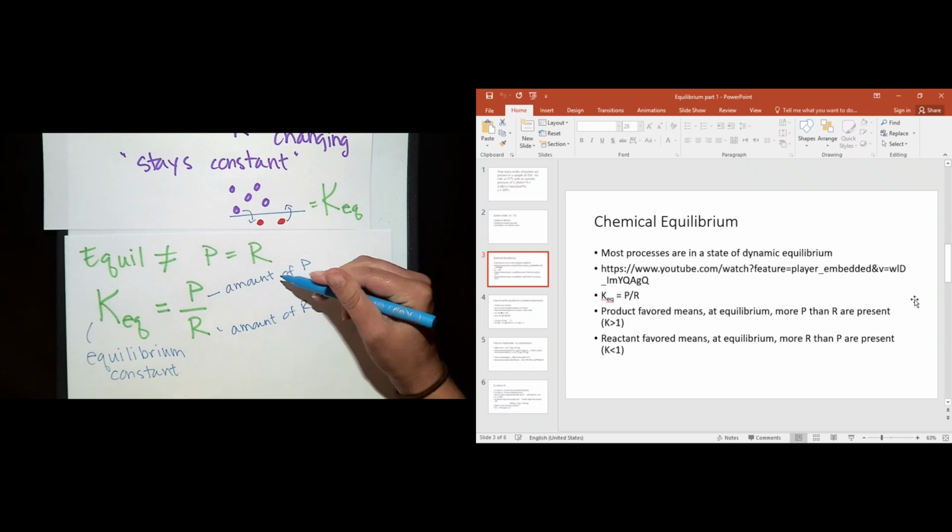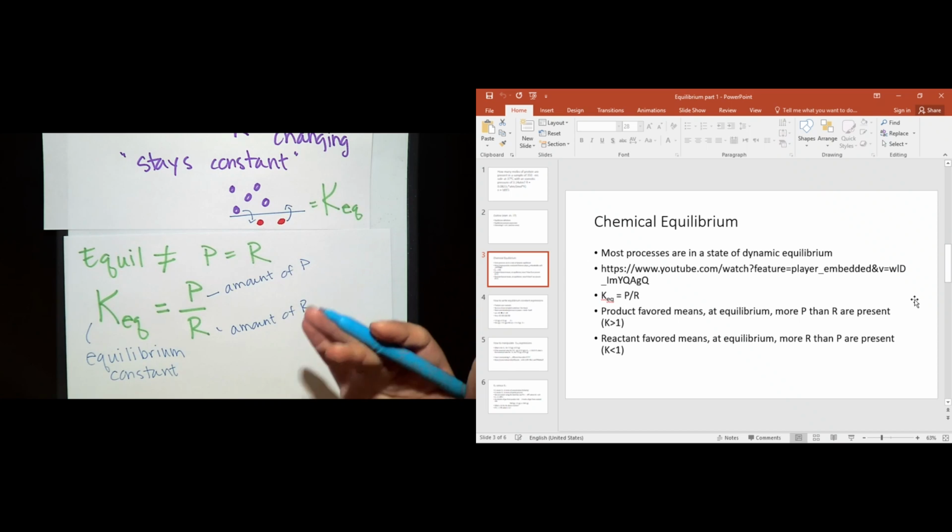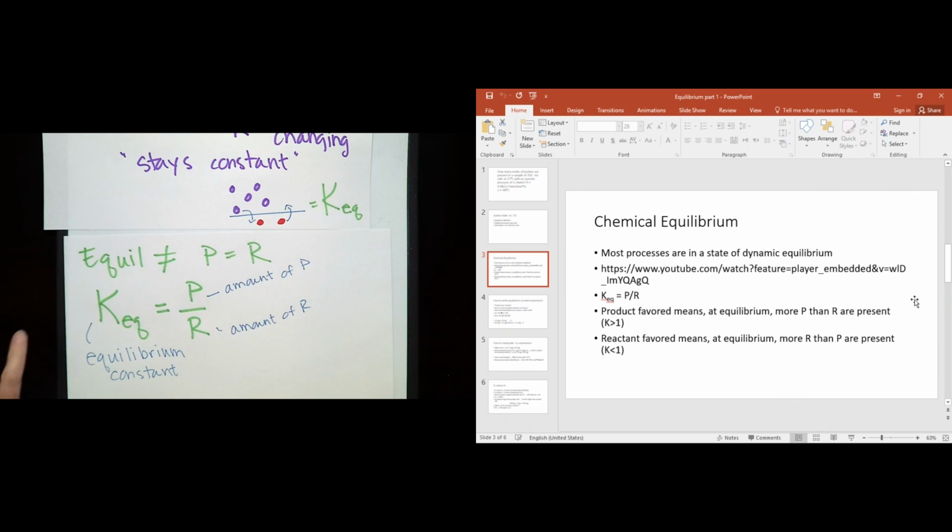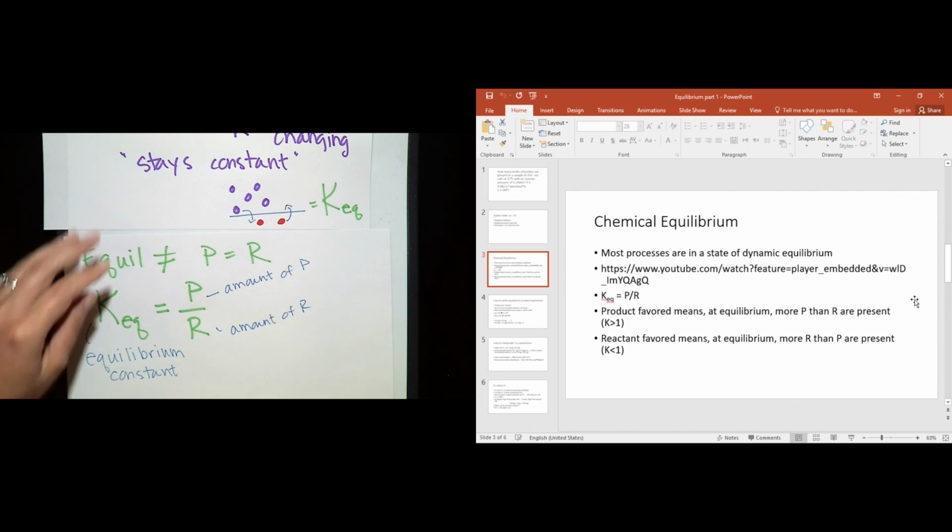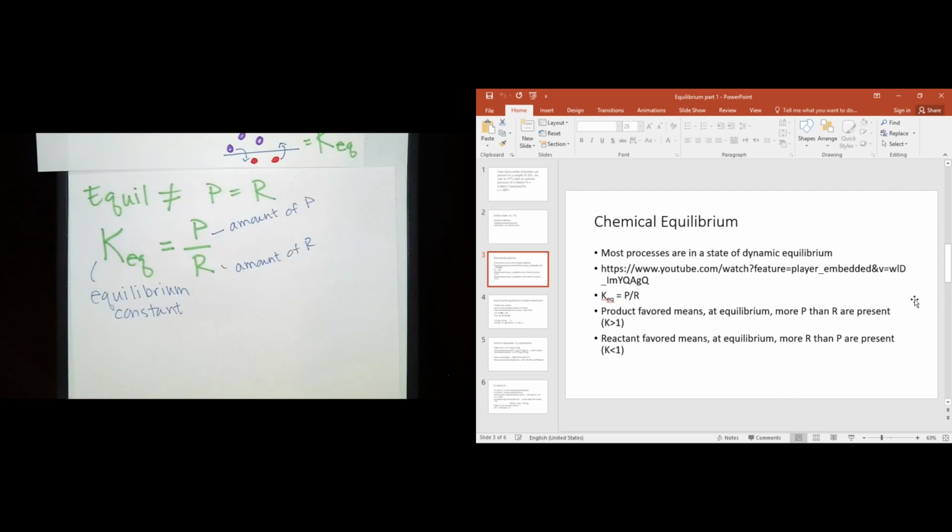Now technically we're either only using molarity of these components or partial pressure if we're in a gas phase. We could use molarity for a gas reaction, but those are our only two options. I'll talk about that in a minute. Okay, this relationship right here is very important because it tells us if a reaction is product favored, meaning it's going to go.